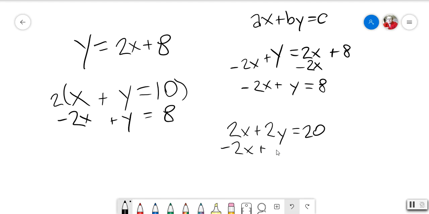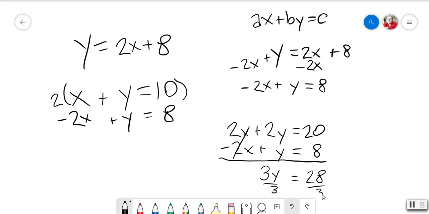There are cases in which you have to do both. We're not going to go there right now. Well, my x's cancel. Kabam. Always better with sound effects. 2y plus y is 3y. 20 plus 8 is 28. So I'm going to get 3y. I'm sorry.